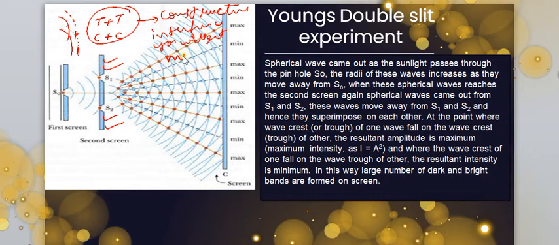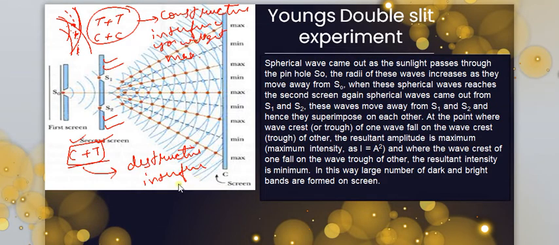And you will get maxima. While when, see, in the next cycle, this is a crest, and here also this is a crest. Now see here, the crest of one source is meeting the trough of the other source. When the crest of one source overlaps with the trough of the other source, you will get destructive interference.